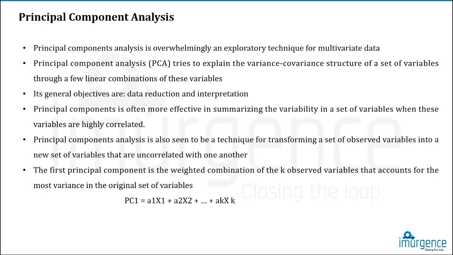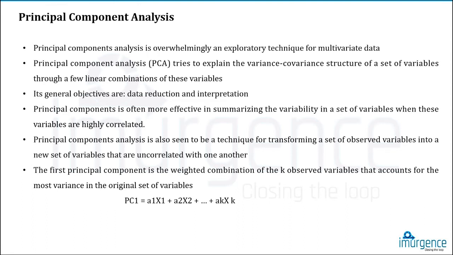Principal component analysis is often more effective in summarizing the variability in a set of variables when these variables are highly correlated. So if two variables are highly correlated, that is where you try to use them. It's also a very good means of reducing the problem of multicollinearity.